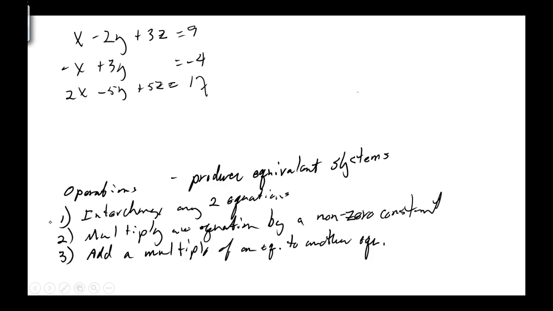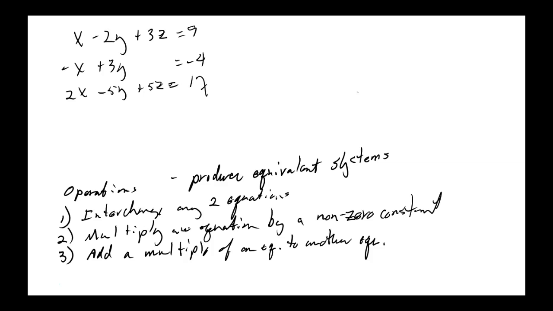Now, remember, we're aiming toward row echelon form. And what was true about row echelon form? The leading non-zero coefficient was a 1. Let's look at our very first equation here. Looky there. We've got a 1. So this is already starting to be row echelon form. The rest of it's not, but that first entry is.